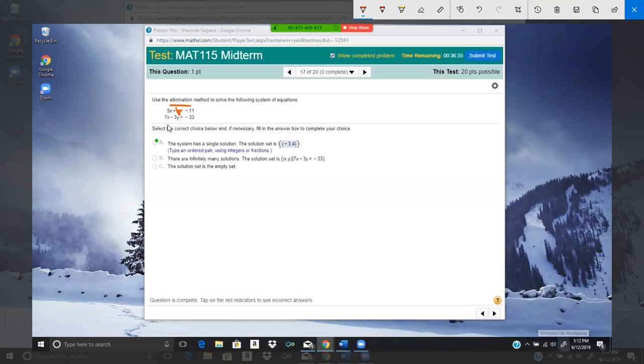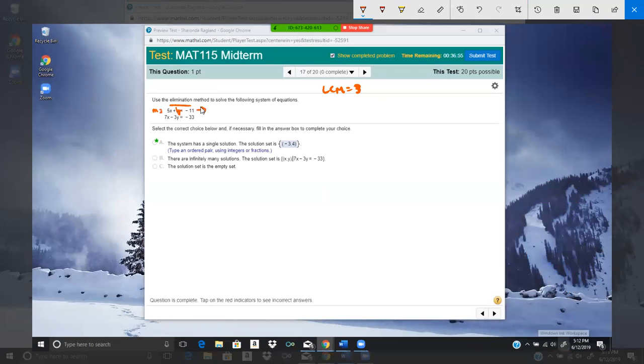The signs are already different, so you don't have to worry about multiplying by a negative. The least common multiple of 1 and 3 would just be 3, right? The objective is to get a 3 and a -3 in the position. I already have a -3, so I need to get a 3 in this position. What do I need to multiply by to get a 3 in this position? Multiply by 3. There you go.